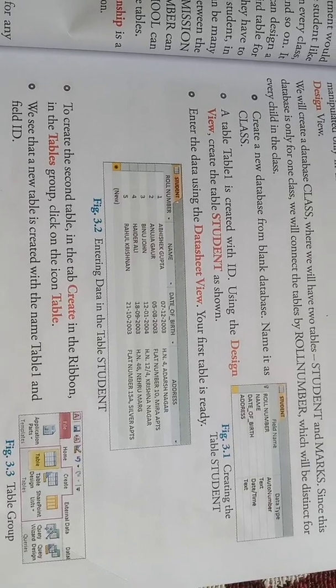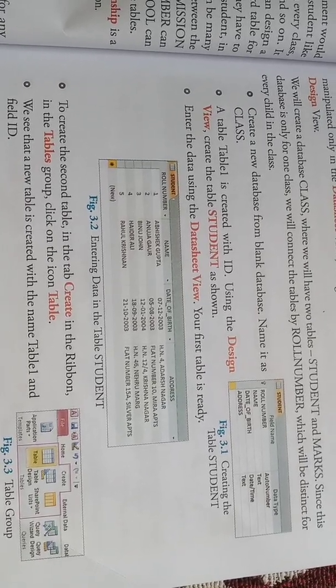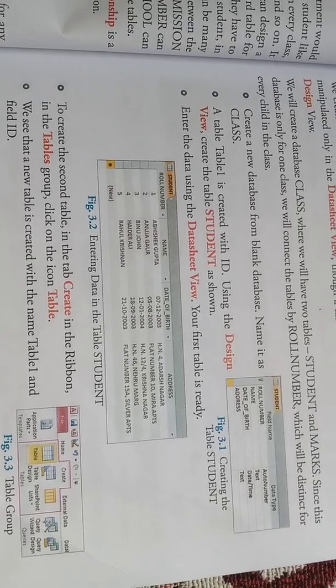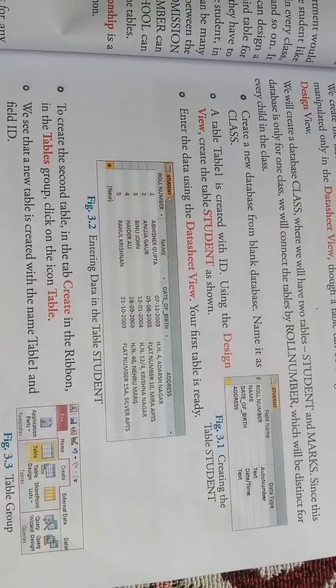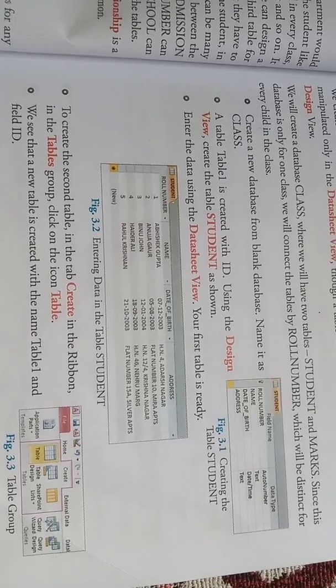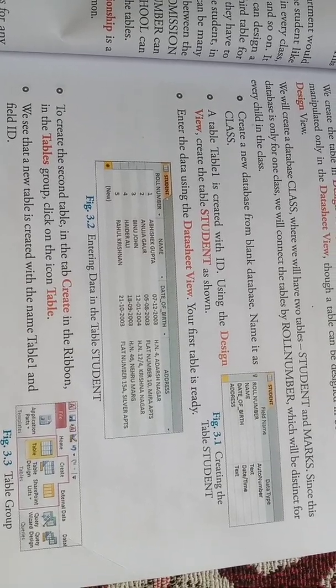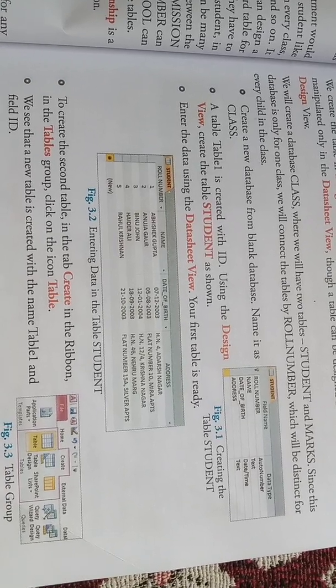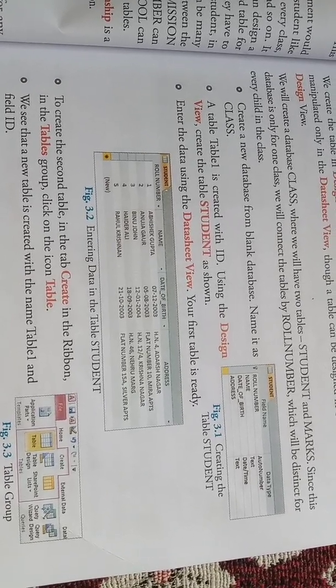So, students, what are the benefits of using a relationship? The benefits are consistency, efficiency, and comprehensibility. Consistency, because each item of the data is recorded only once in one table, so there is less chance for any discrepancy.